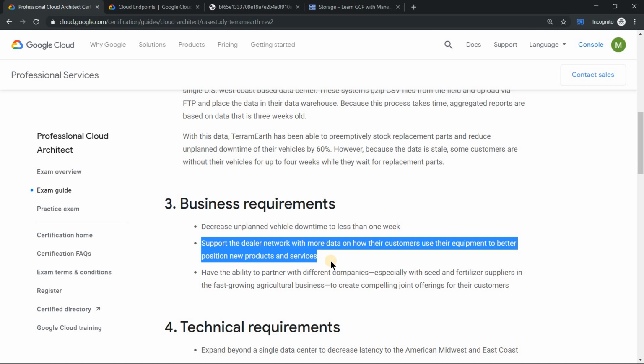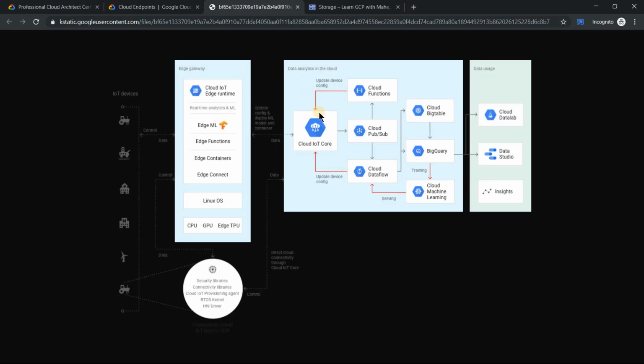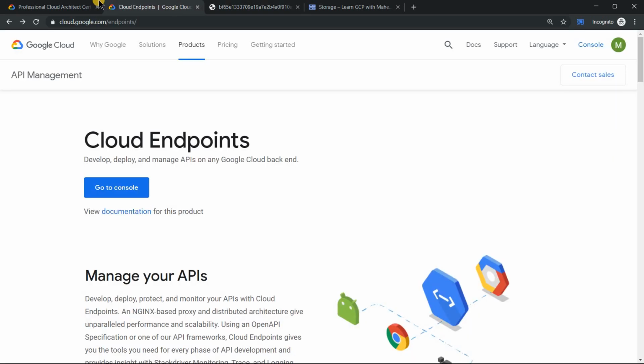So you give recommendations, and this is where machine learning comes into the picture. If you look into this IoT architecture, the component machine learning, Cloud Machine Learning Engine, now renamed AI Platform, could be of importance. So this could be a choice.